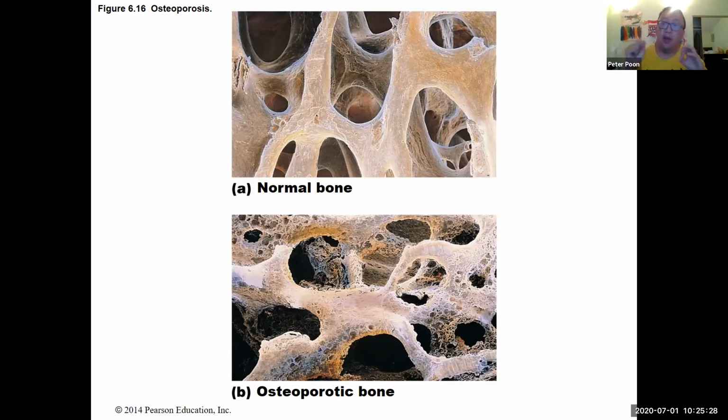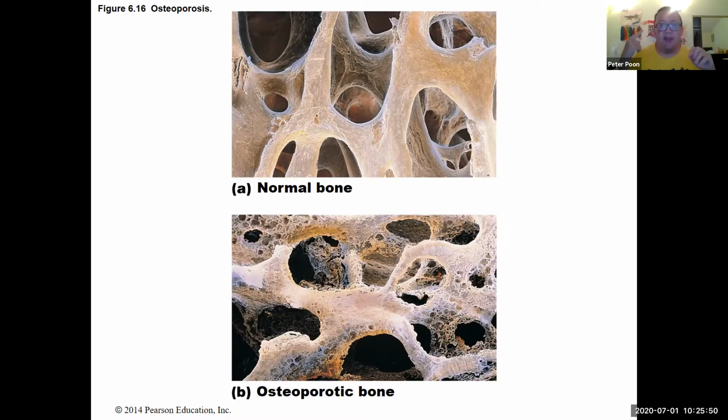The other thing about women is their hips are shaped differently. We'll go over that in 2 chapters. Women's hips are designed a little differently because they have to push a baby out, so there's less weight bearing, and so you suffer that.